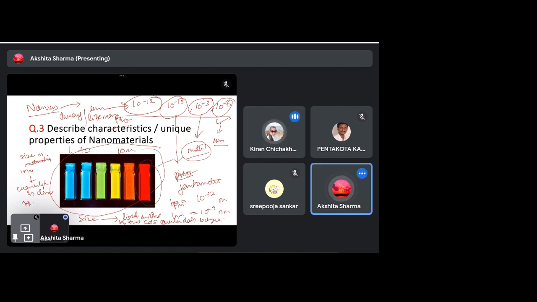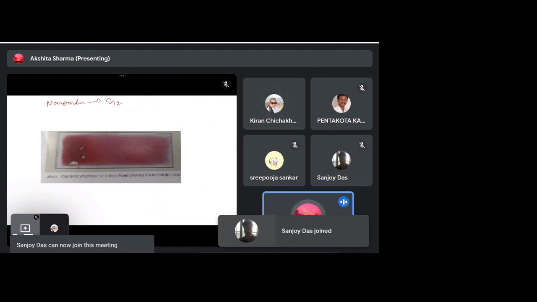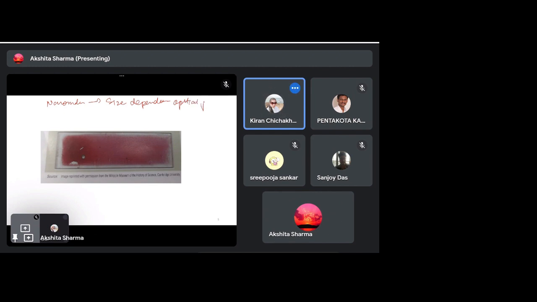Here we can see red light emission, and this is blue. This one has the longer wavelength. So one of the unique properties of nanomaterial is size dependent optical properties.